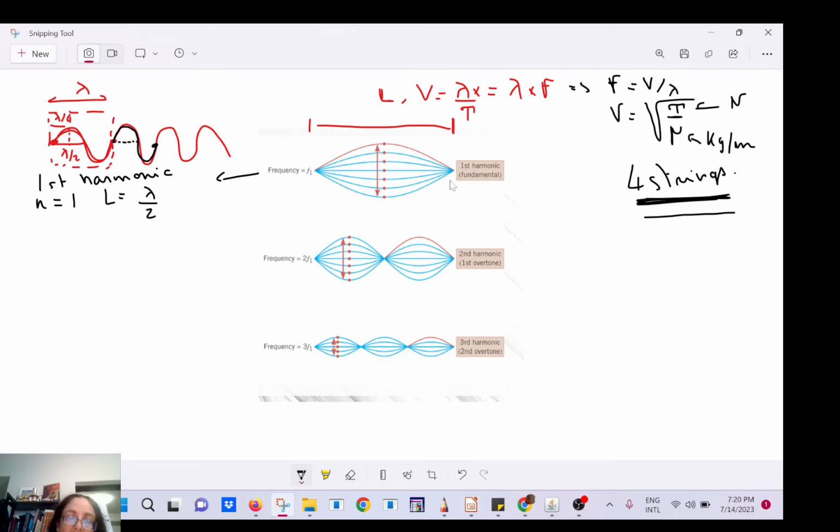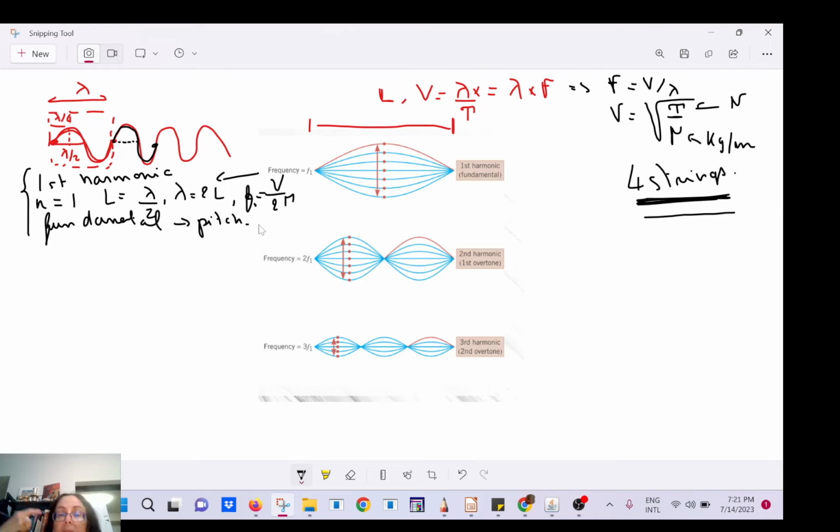So that means that lambda equals 2L, which means that the frequency is V over 2L. That will be the lowest frequency, the frequency of the first harmonic, which is also called the fundamental.